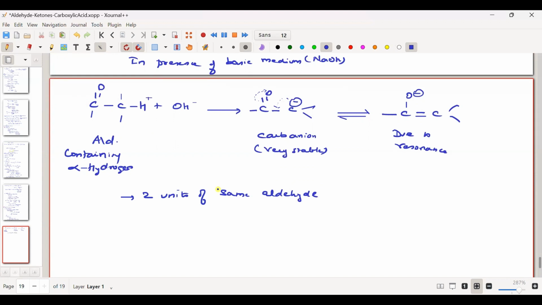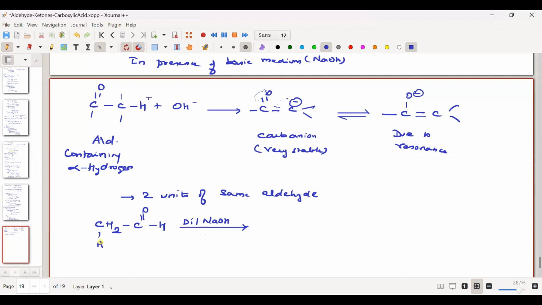I'm going to take 2 units of CH3CHO, written like this: CH2 C double bond O H H. This is an alpha carbon, this is an alpha hydrogen, correct? Now this is more acidic in nature, and I'm going to react this with NaOH.